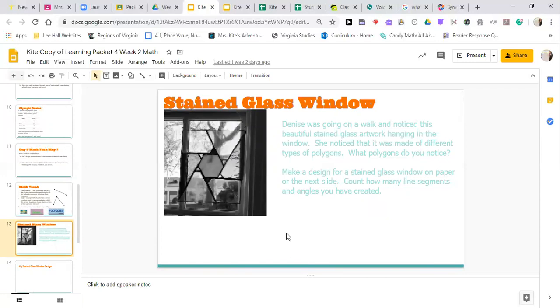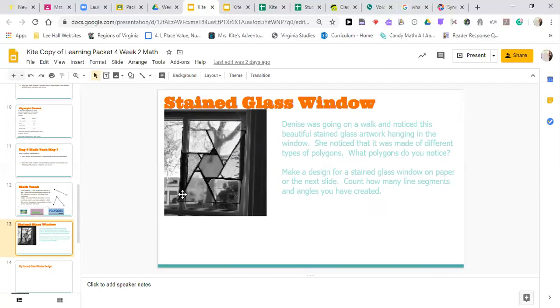Now, you're going to make a design of your own for a stained glass window on paper, or on the next slide if you're doing it online. When you do so, you have to count how many line segments and angles you have created. For example here, this line of this triangle, that's a line segment. So there's 1, 2, 3 line segments that make up a triangle.